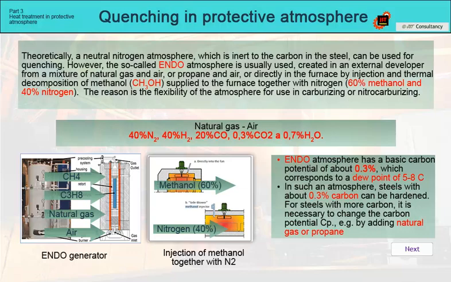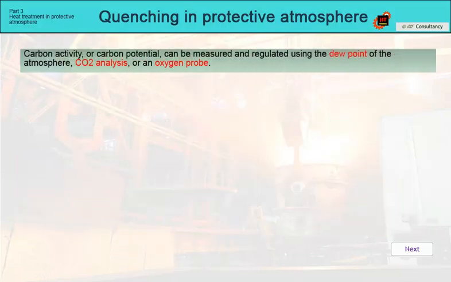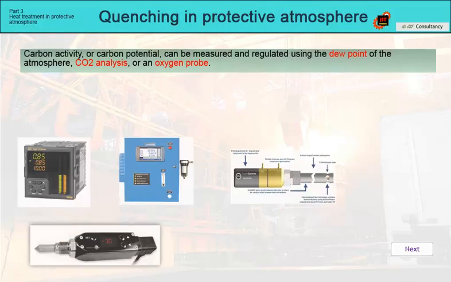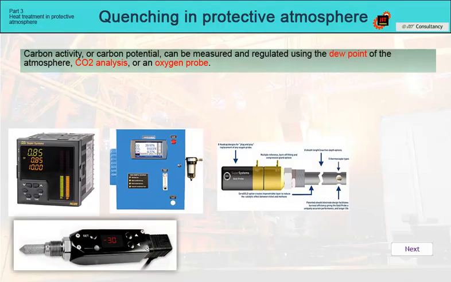However, if we want to process steels with a higher carbon content, it is necessary to increase the carbon potential, or CP. This can be done by adding some hydrocarbon, most often natural gas or propane. Carbon activity, or carbon potential, can be measured and regulated using the dew point of the atmosphere, CO2 analysis, or an oxygen probe.